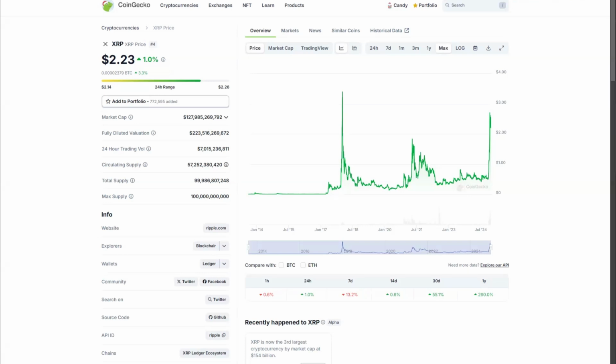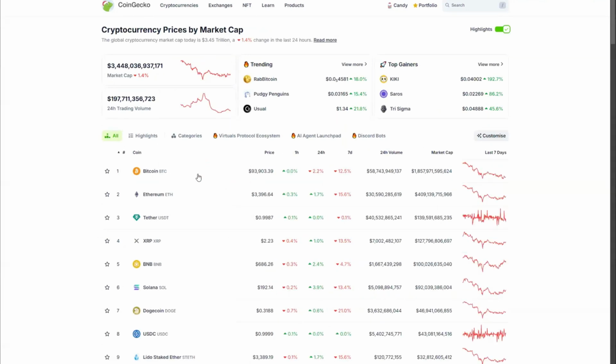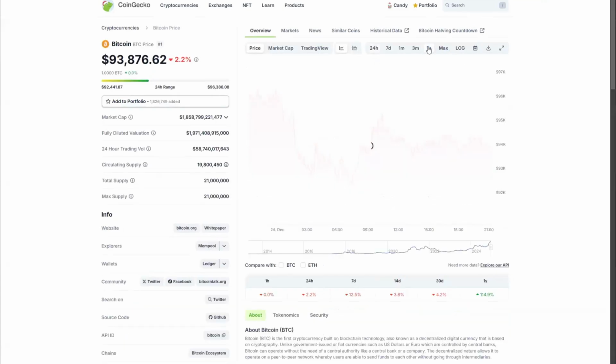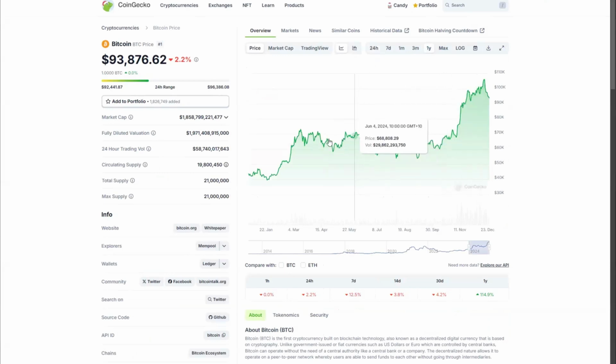Does that impact all other coins they go up to? Yes, you can have a look. You can see here, December 16th, 2024, price went up for XRP, obviously because of news about XRP. But if you go to Bitcoin, when did that start going up? Short answer, yes. Bitcoin goes up first. Then if we go to maybe the last 1 year, October, Bitcoin started going up even before.